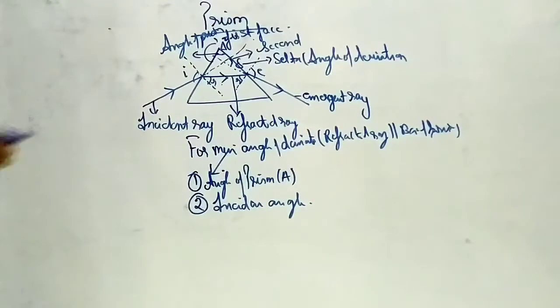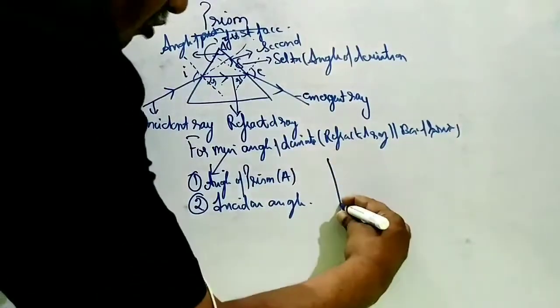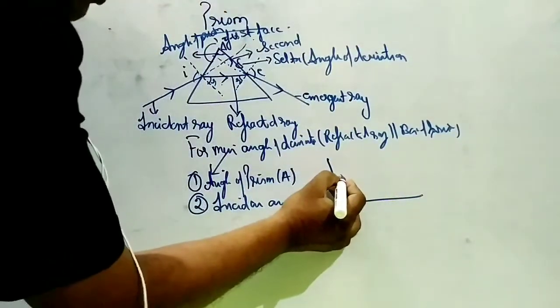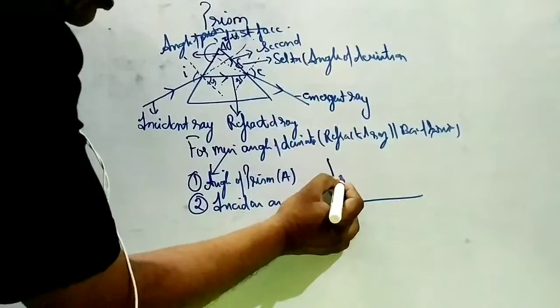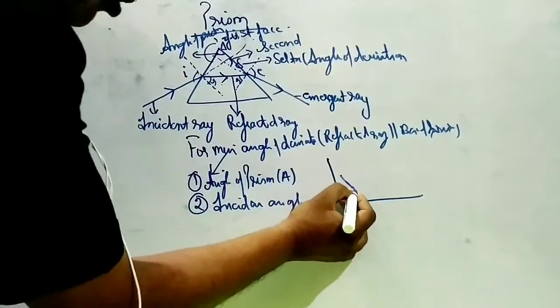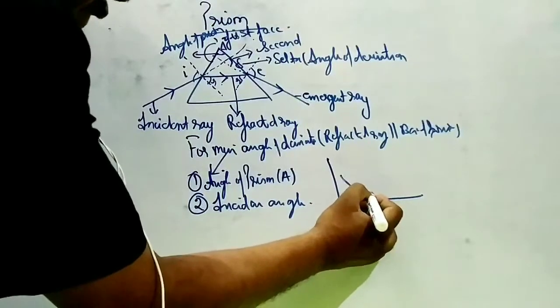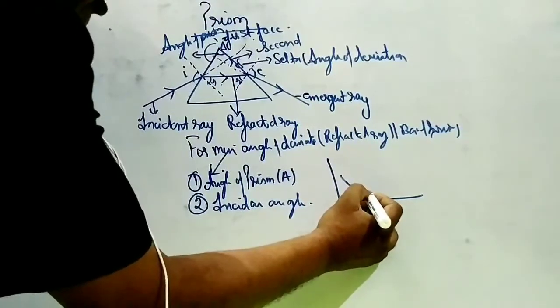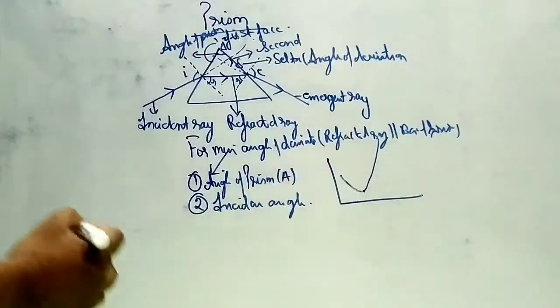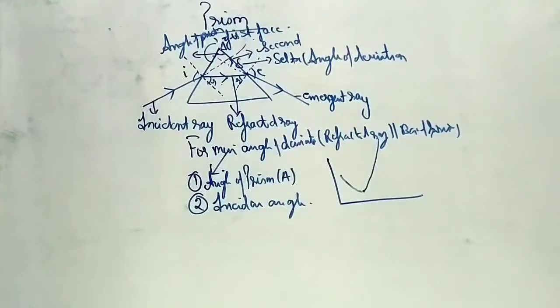What will happen if we take a graph of angle of incidence? As we are increasing the angle of incidence, the angle of deviation will go on decreasing. It reaches a certain minimum point, and then from there, if we keep increasing the angle of incidence, the angle of deviation also increases.